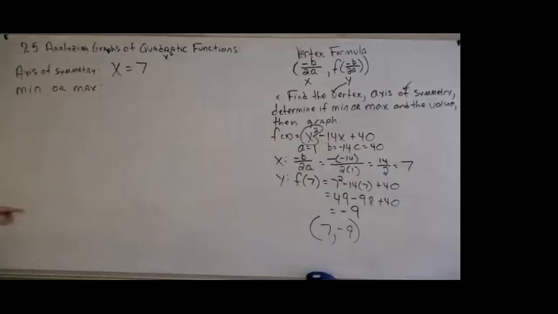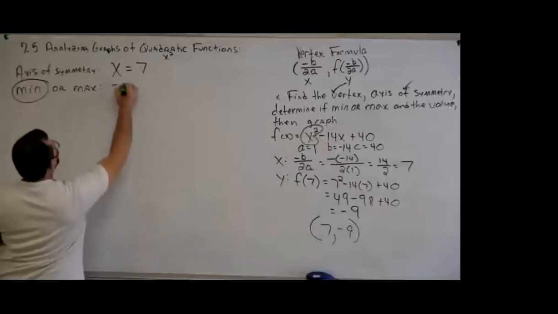So when I had a positive x squared, I said this would be a minimum because it looks like a U, okay? So what would be my minimum value then? It's going to be that y value, right? And my y value is negative 9.